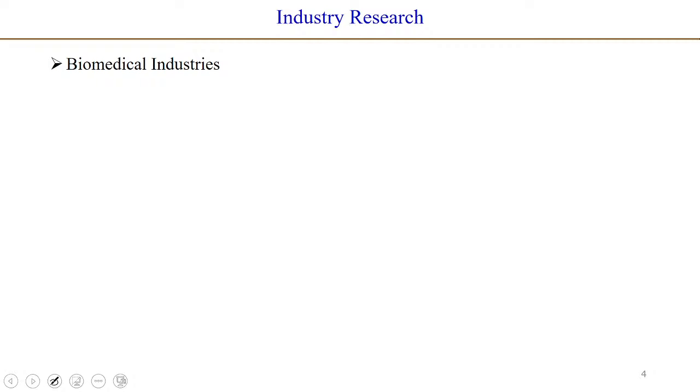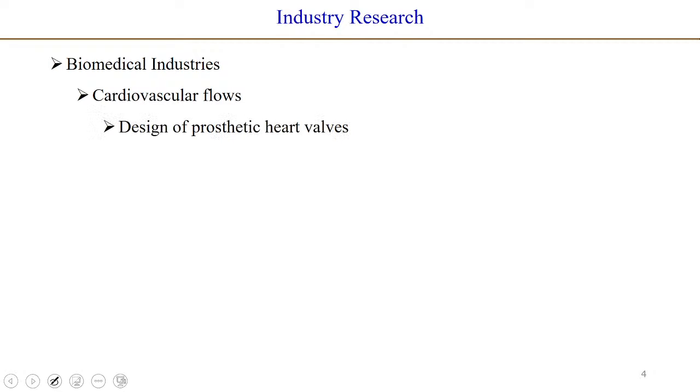Now, if we look at biomedical industries, for example, cardiovascular flows. In the cardiovascular flows, all the biomedical devices that are required, for example, design of artificial heart valves, or what are called prosthetic heart valves.